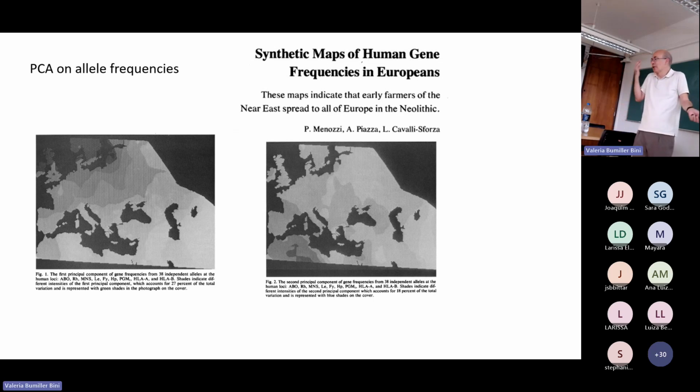It's not two, you cannot see them. So they had 38 independent alleles at this locus: Rh, MS is another blood group, so is Lewis, so is Duffy. This is haptoglobin, this is serum protein, PGM, that's an enzyme, HLA-A and HLA-B.